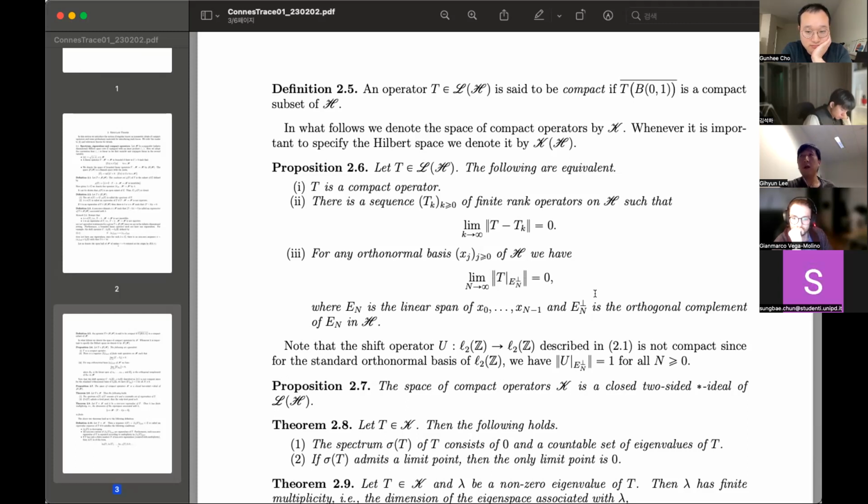So what is the heuristic meaning or description of the compact operator?